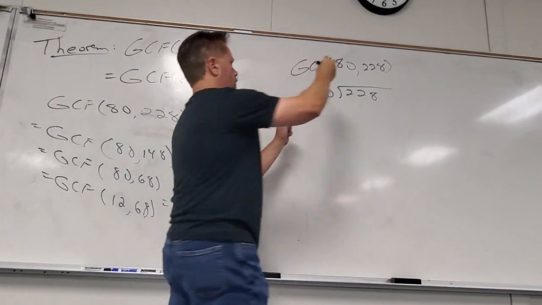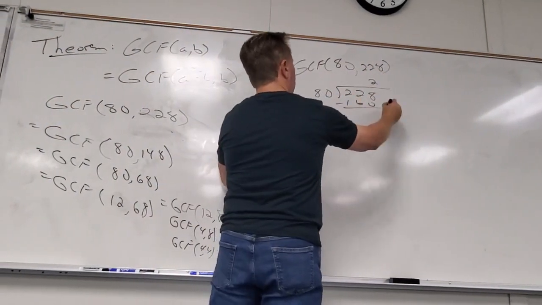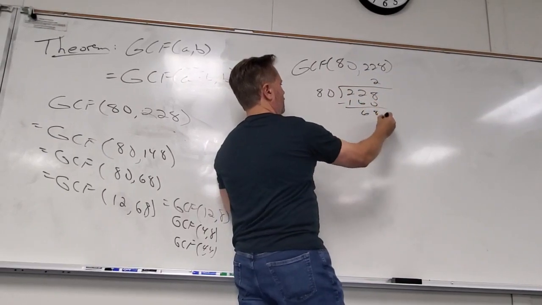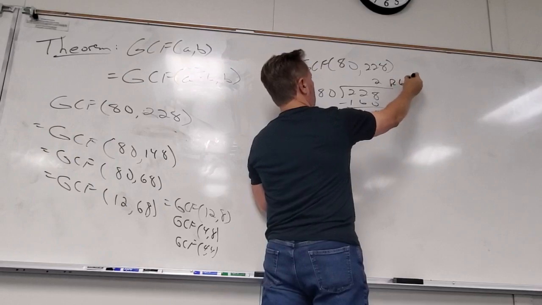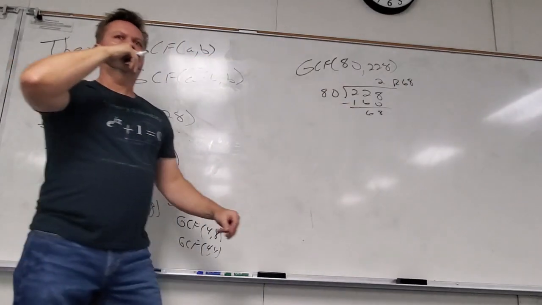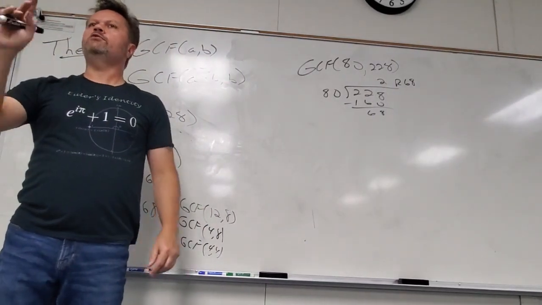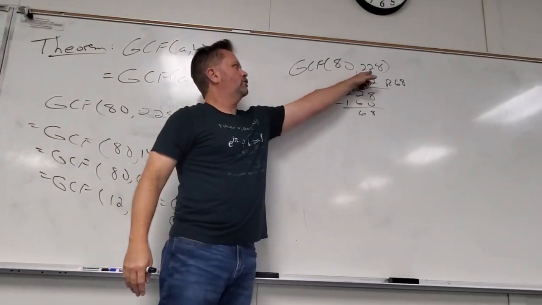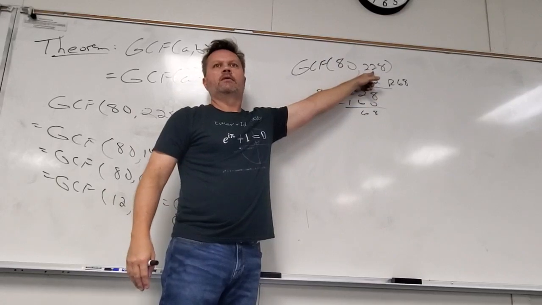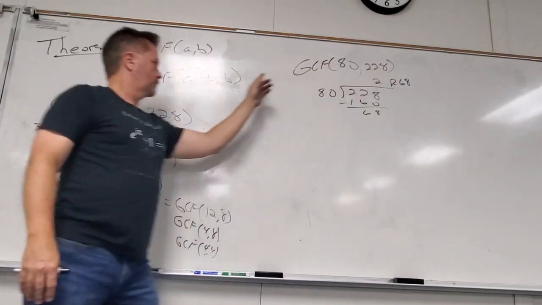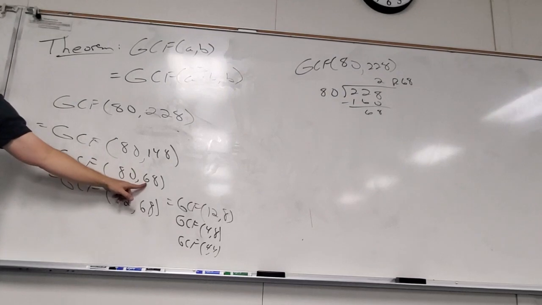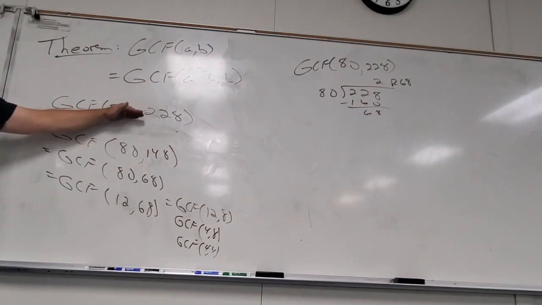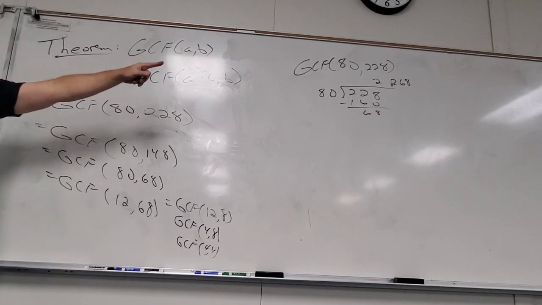Twice, 160, and then you get remainder 68. The 2 times meant that I can subtract 80 twice here, and the remainder is what would be left. So we got to this step quicker. I subtracted 80 twice, and that's where I am now.